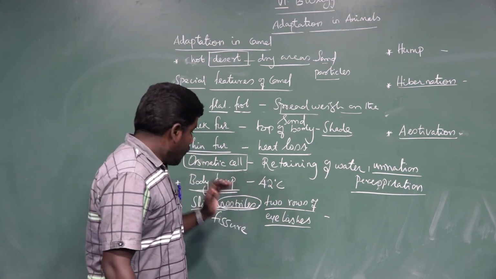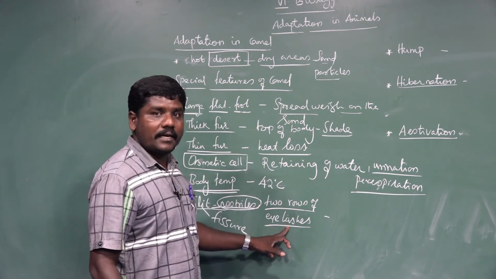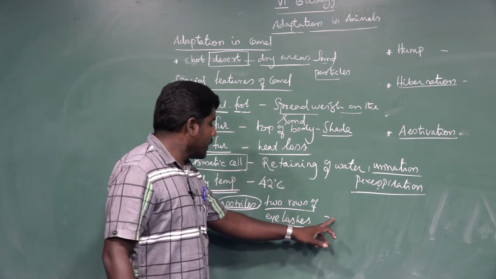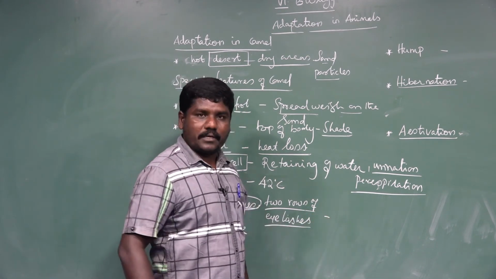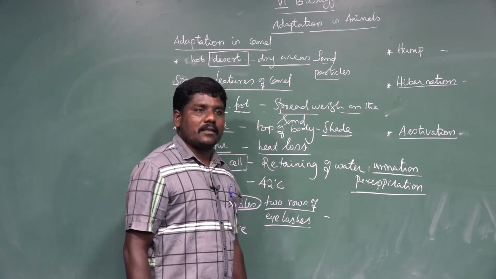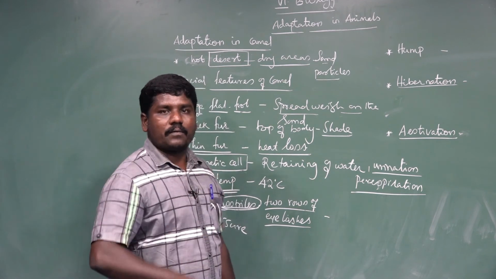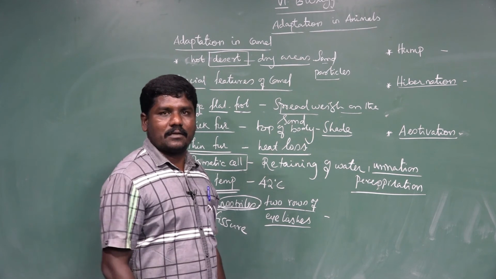What are the functions of the nostrils and eyelashes? They help keep out sand particles, mostly in the desert areas that produce hot wind. So this hot wind cannot enter inside the nostril.